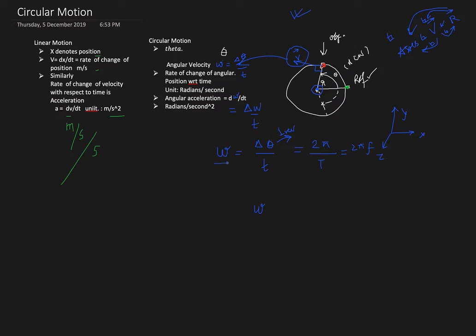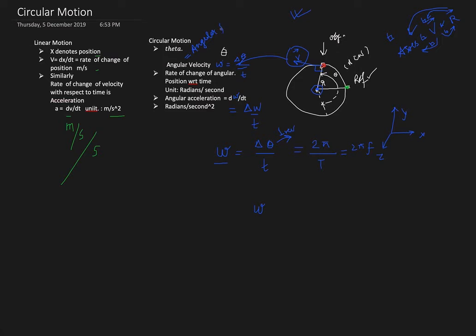You don't need to confuse yourself with this, because angular frequency is the same as angular velocity, as that is how we defined circular motion: a particle completing one lap or one complete circle.